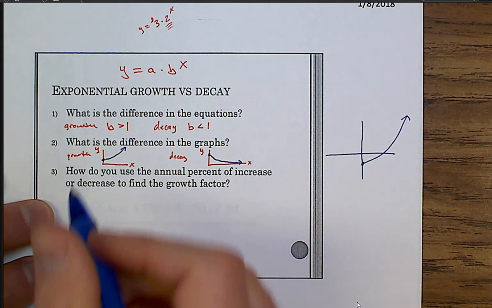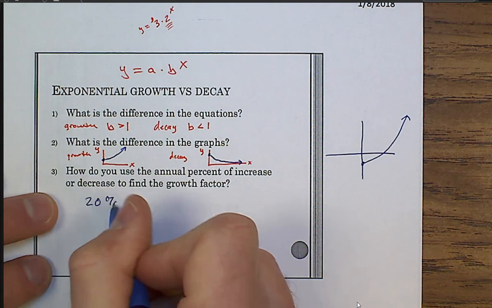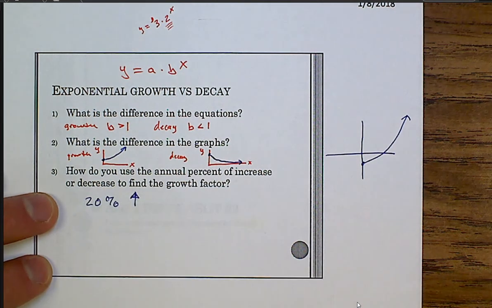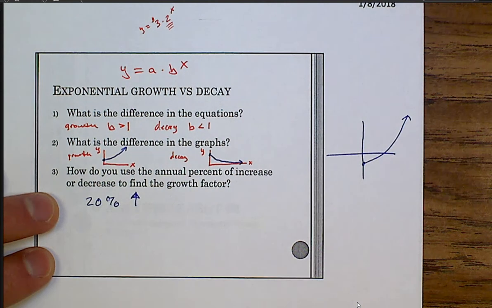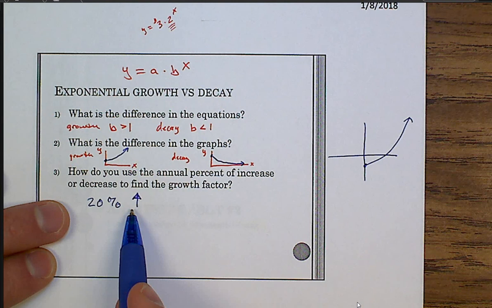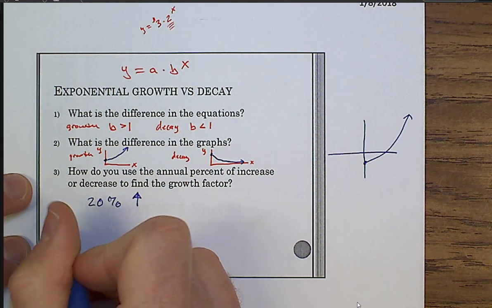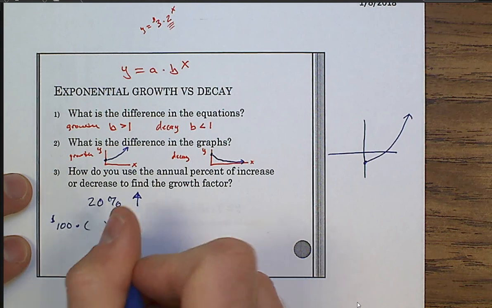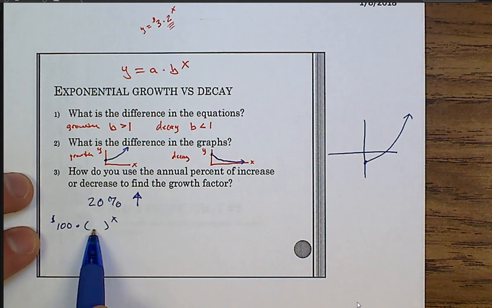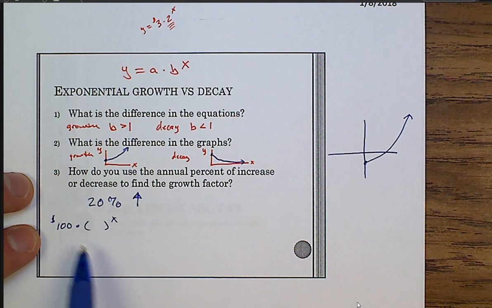So if you had a 20% increase, if something was increasing 20%, so let's say you have Google stock and it's increasing 20% every year, what does that look like? Let's say you invested $100, right? What are you timesing that $100 by each year to generate the value of your stock?